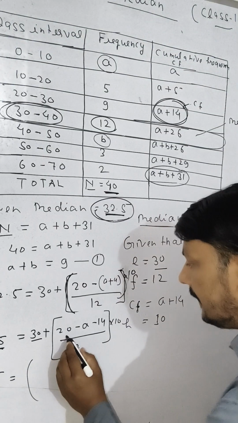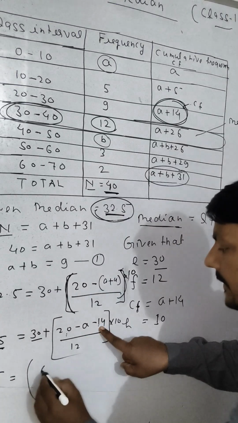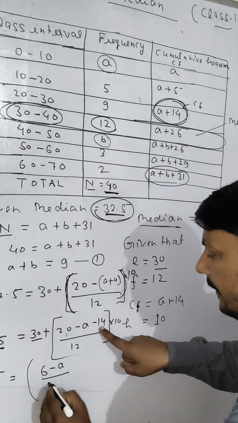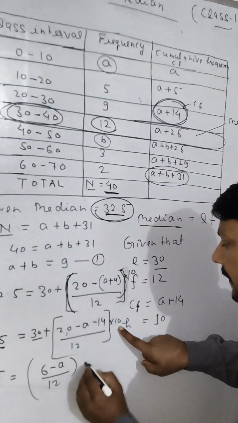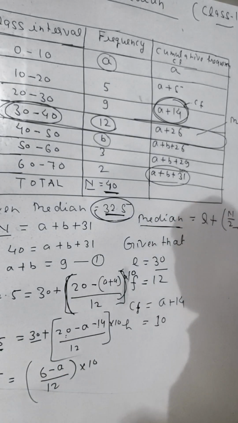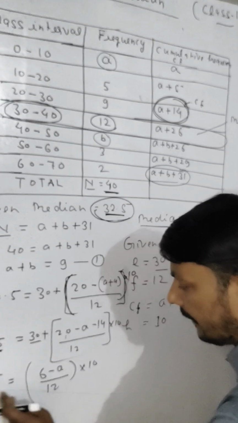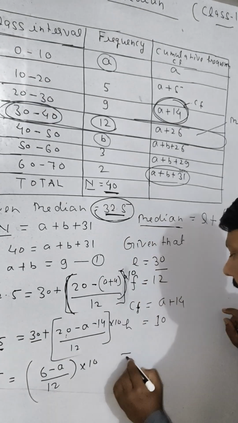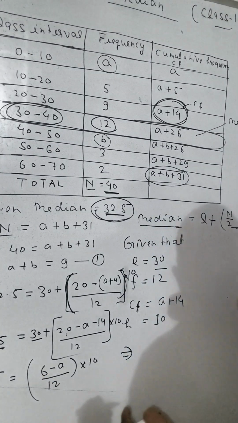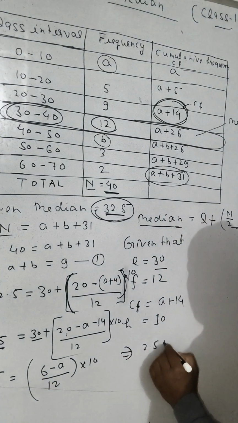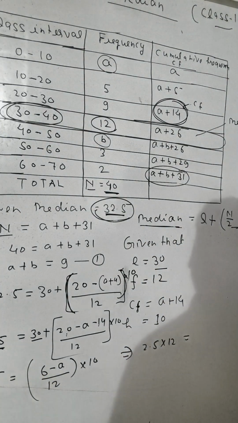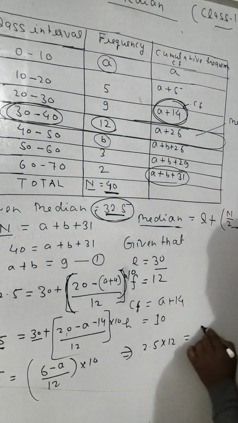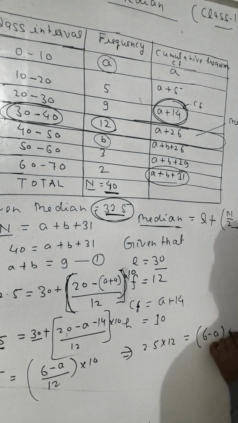So 2.5 is equal to (20 minus 14, which is 6, minus A) divided by 12 into H. H becomes 10. So cross multiply: 2.5 into 12 is equal to (6 minus A) into 10.